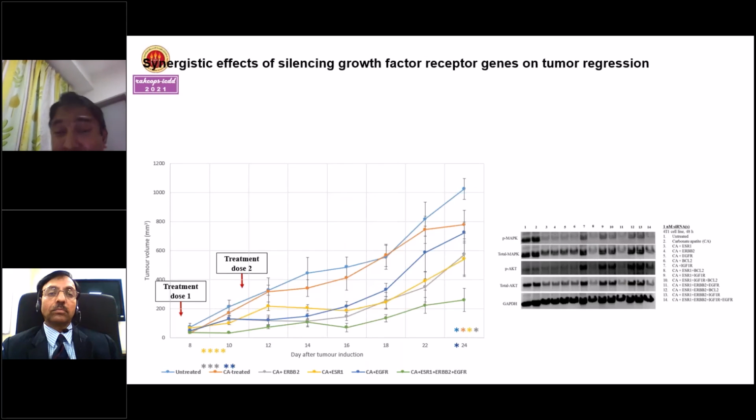So this is another interesting study we did. We delivered small interfering RNA targeting different types of growth factor receptors. For your information, for cancer development, the growth factors are the prominent causes. Growth factors are expressed by oncogenes because of mutations from proto-oncogenes.